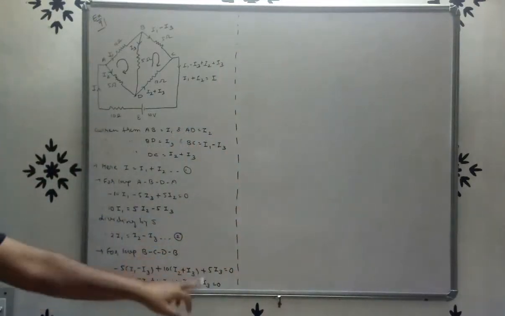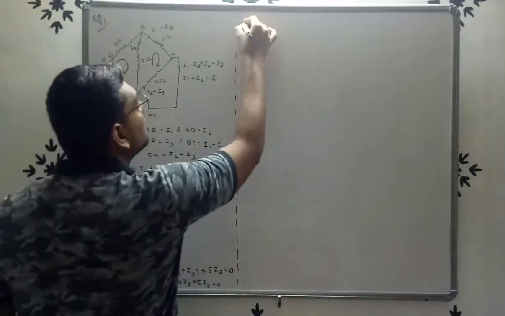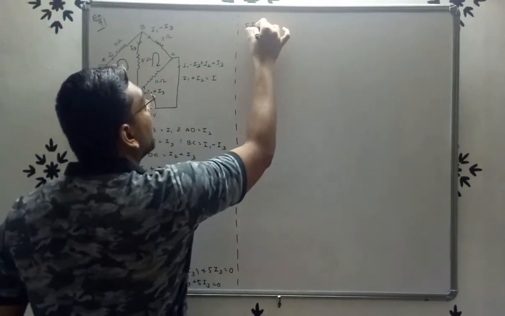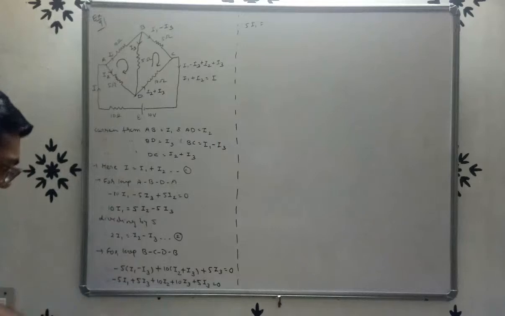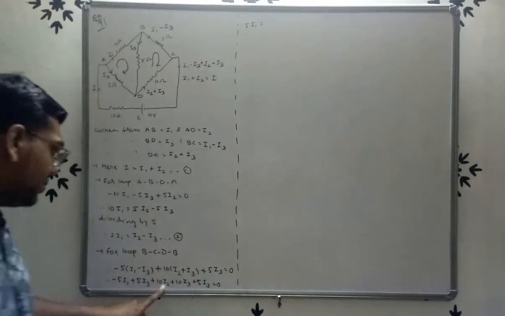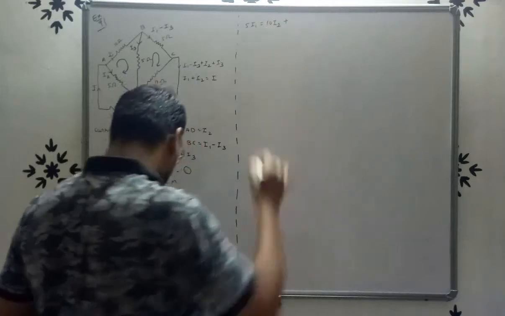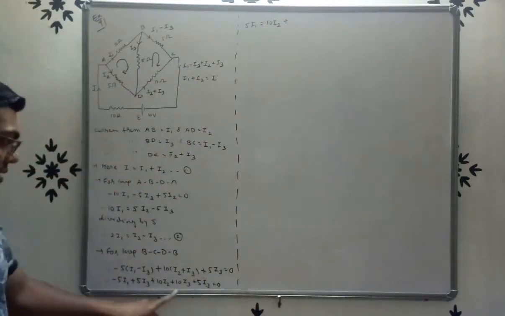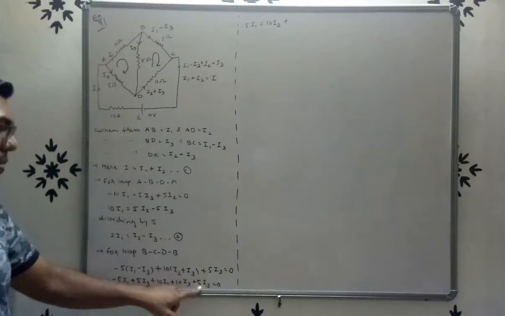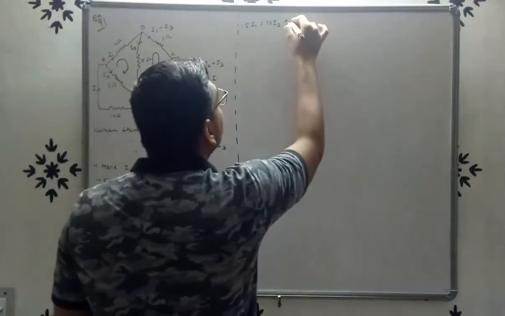So we get 5I1 is equal to 10I2 plus 5I3 plus 10I3 plus 5I3, that is 20I3.